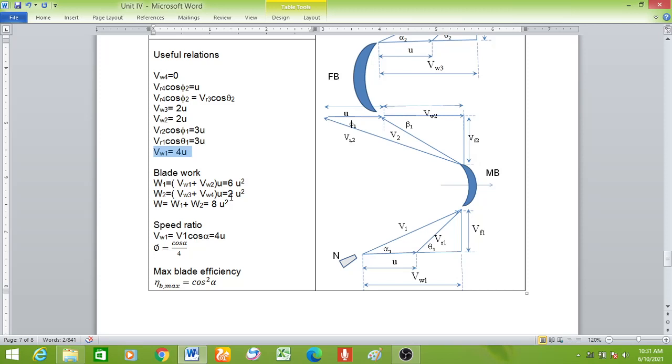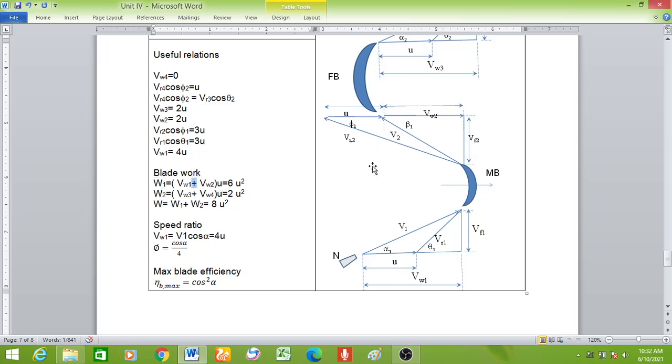Very simple. Now if you want to find the blade work for a 2-stage axial flow impulse turbine, first I will have the work done in the first set of moving blade, that I have put as W1. You know the expression (Vw1 plus Vw2) into U. Since beta is less than 90, it is a plus sign.